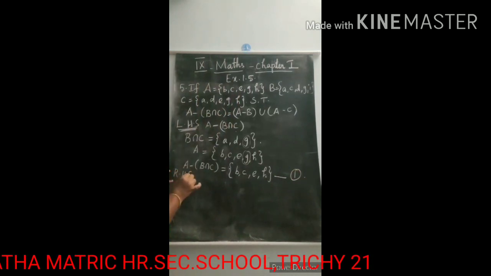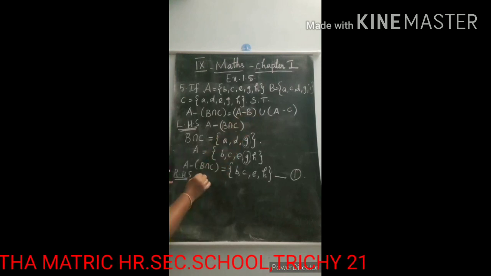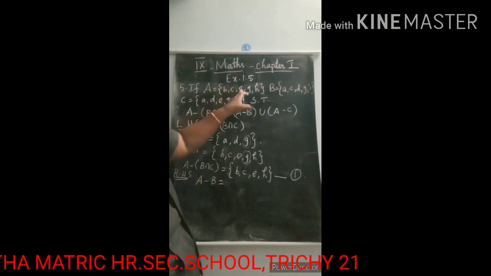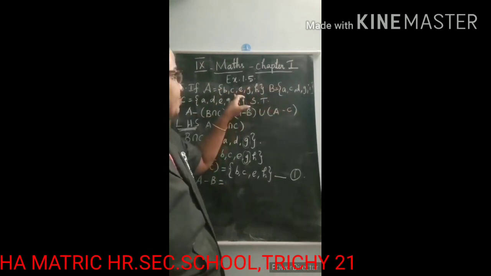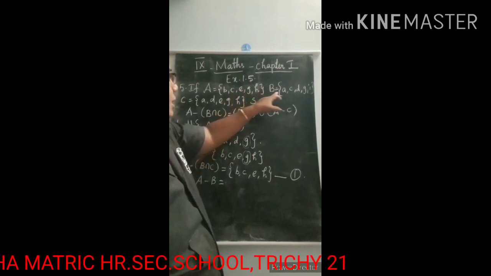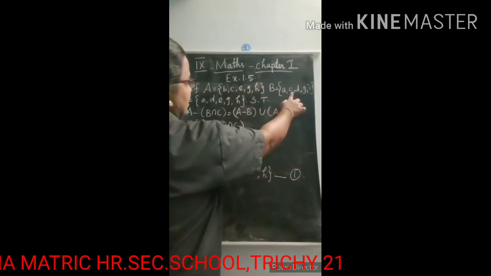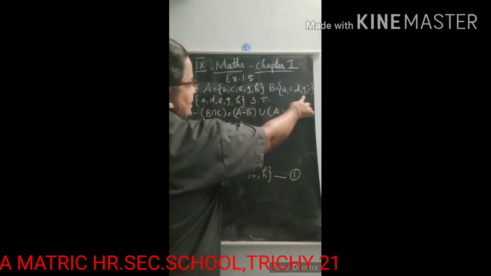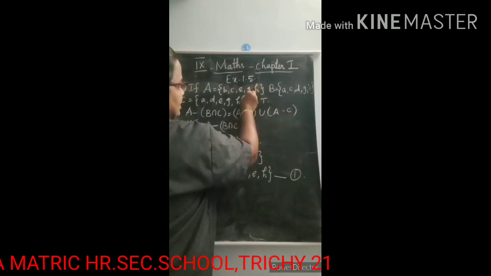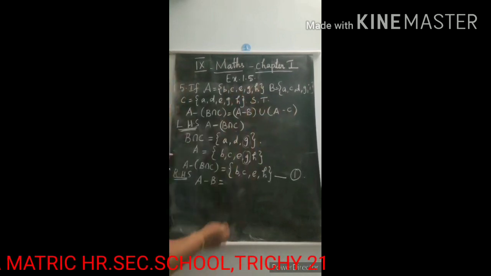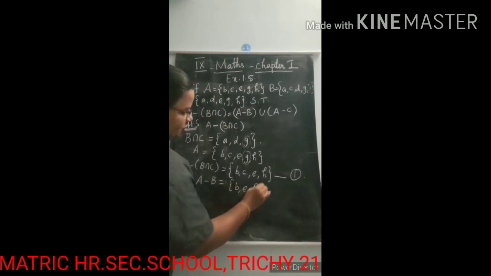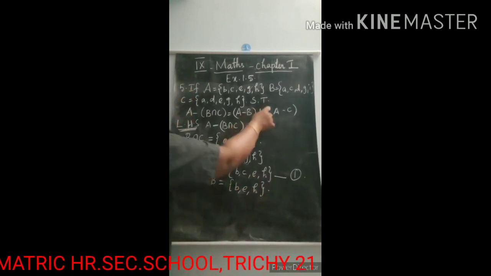First, we have to take A difference B. We take the common elements of these two terms. What is in A? B, C, E, G, H. And here the common elements are C and G. Except C and G, the remaining elements in A are B, E, H. And what is the next one?